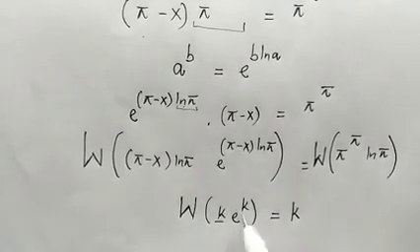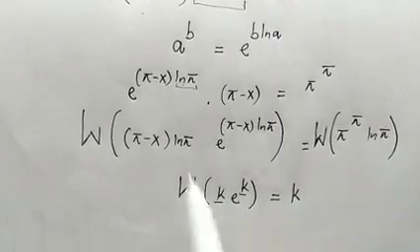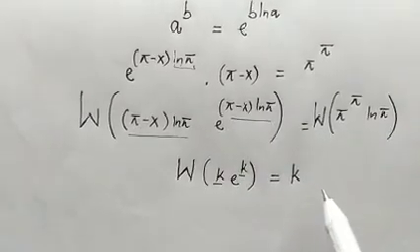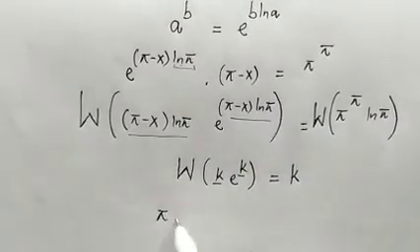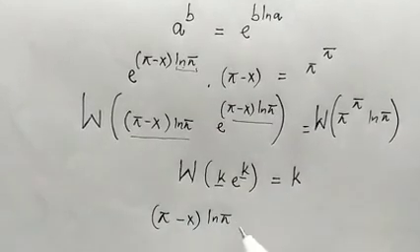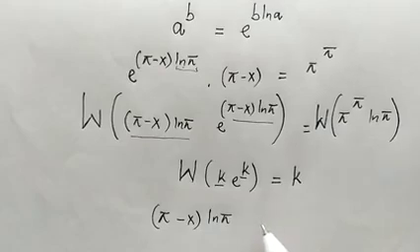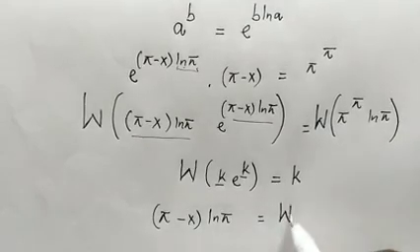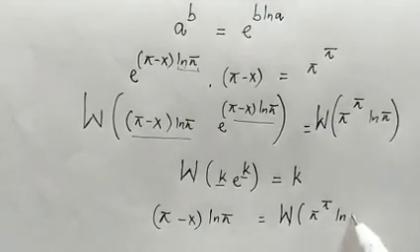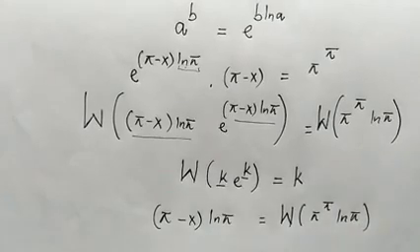So we can see this is equal with this power of e. And this one here is equal with this. So it will simplify to pi minus x multiplied by the natural log of pi. So this is equal to the W of pi to the power of pi times natural log of pi.